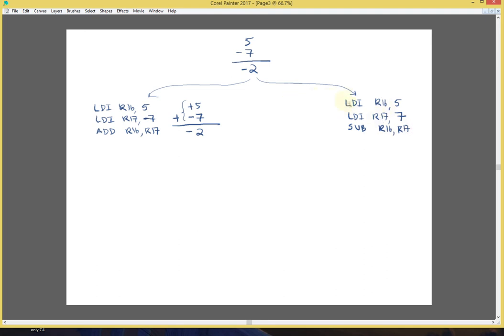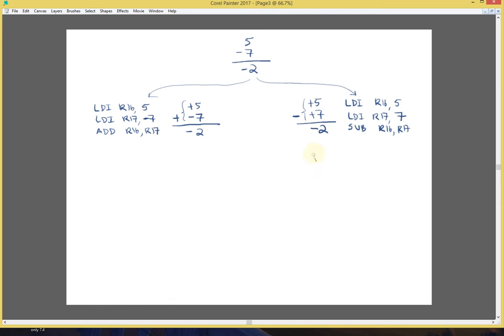This interpretation says you load 5 in a register, load +7 in another register, and then call the subtract operation. I expect the same answer, -2, and the microcontroller is going to give us this. But the question is, how are the flags affected?